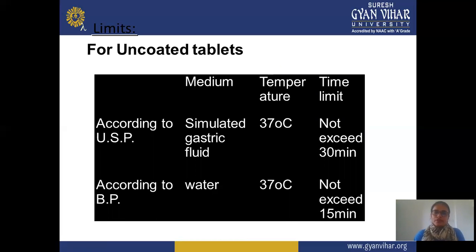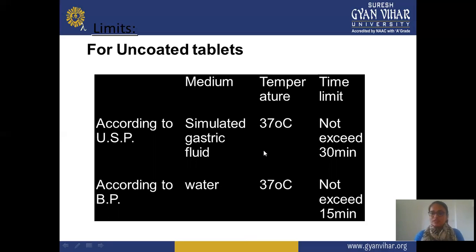Next is the limit for uncoated tablets. For uncoated tablets, according to USP and according to BP, United States Pharmacopoeia and British Pharmacopoeia, these are the limits. The medium is simulated gastric fluid in the USP, and according to BP it requires water, and the temperature is 37 degrees Celsius in both pharmacopoeias, USP as well as BP, because 37 is the body temperature.